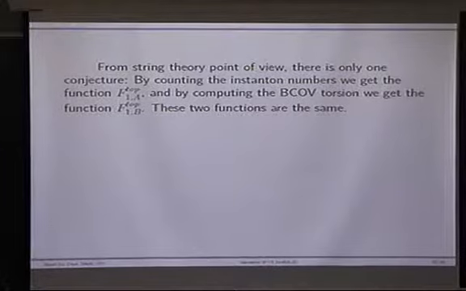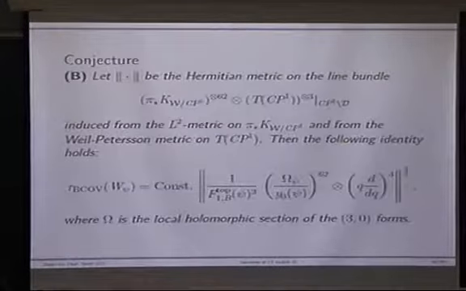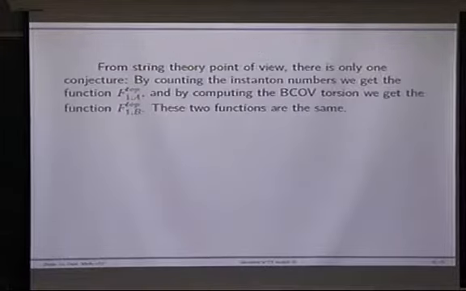If we do it in the opposite way, by computing the tau function, we are able to find F1B. One is from symplectic geometry, the other is from complex geometry. But actually these two functions are the same through the complicated mirror map.